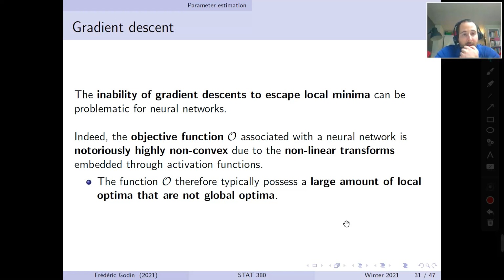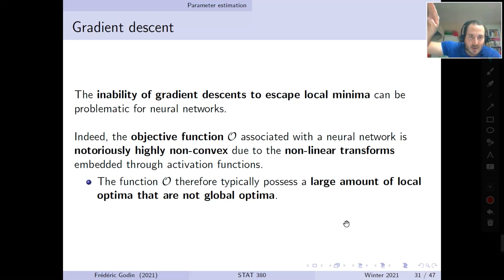And in the context of neural networks, this problem is very, very severe in many cases, and the reason is it's very well known that the objective function for neural networks is often a notoriously non-convex function in terms of the parameters. Okay, so we saw that neural networks involve a whole bunch of nonlinear transformations due to the function h, and because of that, the objective function is very bumpy.